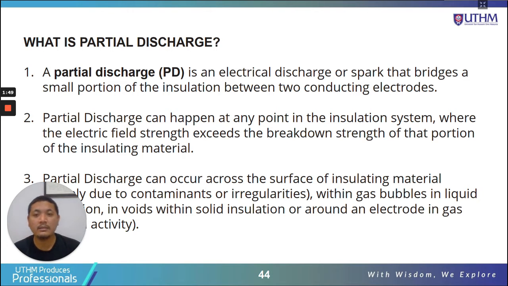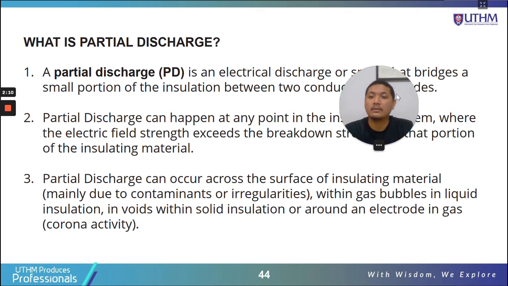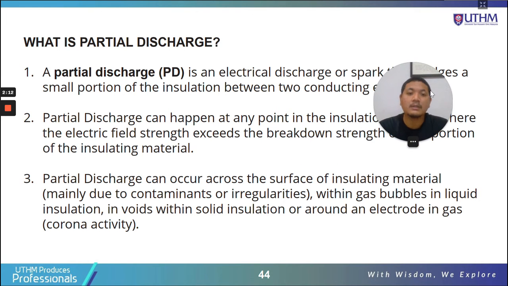So PD activity can happen at any point in the insulation system, at any point where the electric field strength exceeds the breakdown strength of that location of the insulating material. And PD can occur across the surface.